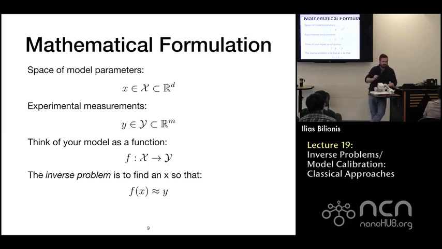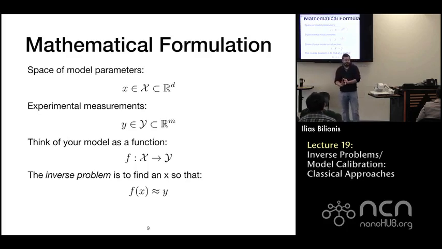Make sense? Alright, so all the things that you have in your model that you don't know, we call them x. And all the things that your model predicts and you can measure experimentally, we call them y. If you cannot measure something experimentally, we throw it away.